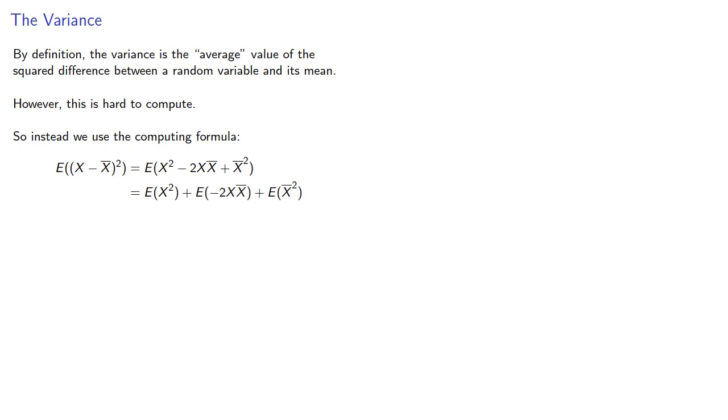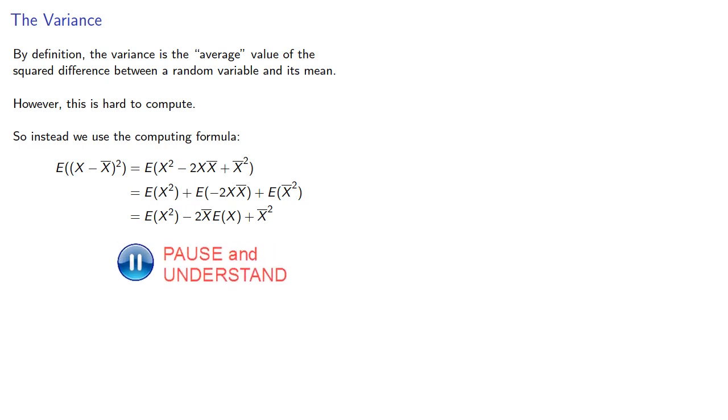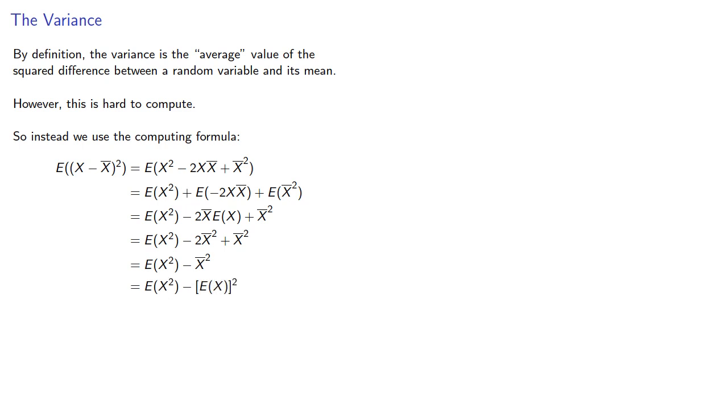The mean itself is a constant, so we can remove these constant factors, or just have the expected value of a constant to be the constant itself. And again, the mean itself is the expected value of the random variable. And so that gives us a nice way to compute the variance.